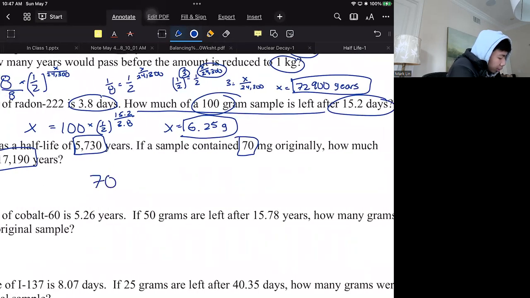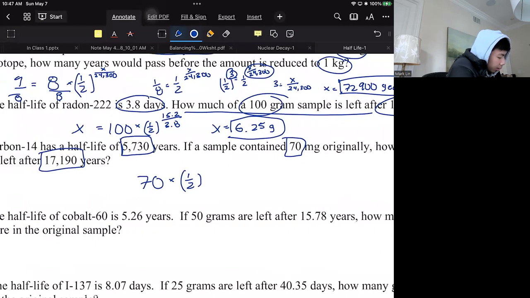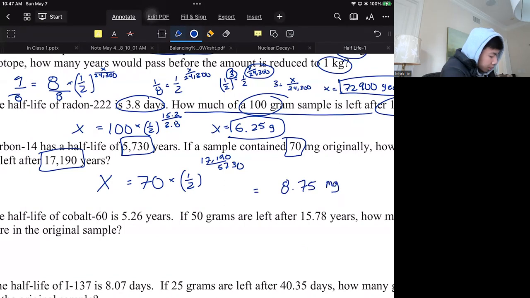So 70 times 1/2. Right. And for our N, it's going to be time elapsed over half-life. And then we need to find our final amount. Still plug and chug, 8.75 milligrams.